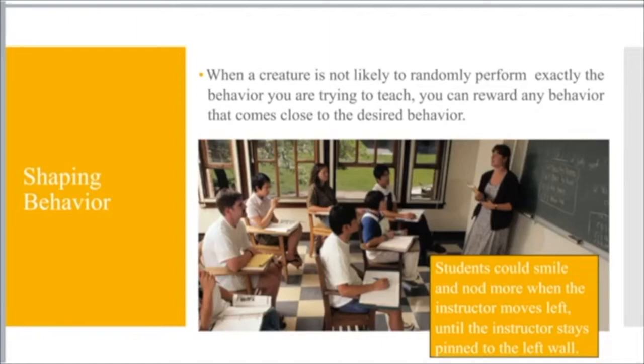Okay, you touched it to your nose, you get food, and then the next time, okay, you pushed it up into the air, you get food, and then you stop giving food for that behavior until they actually do start to balance a ball on their nose, right? So it might not be a natural response and it might take a couple of steps, but you can in fact use reinforcements to train certain behaviors and have them serve as a command. These reinforcements serve as a command: do this and you get this.